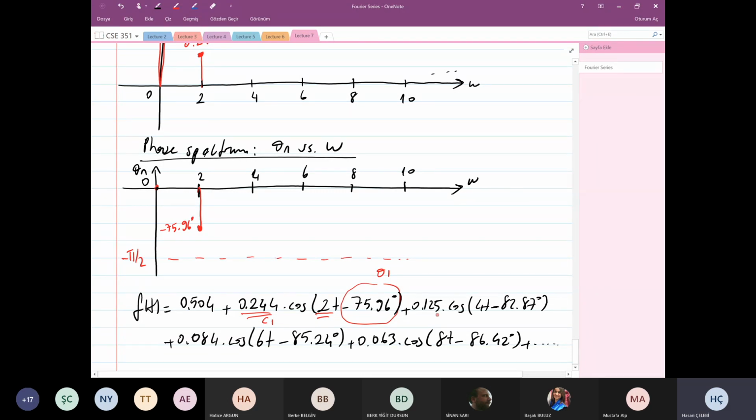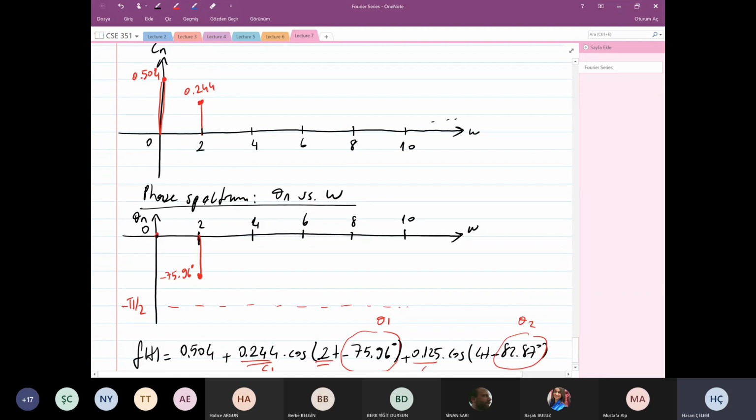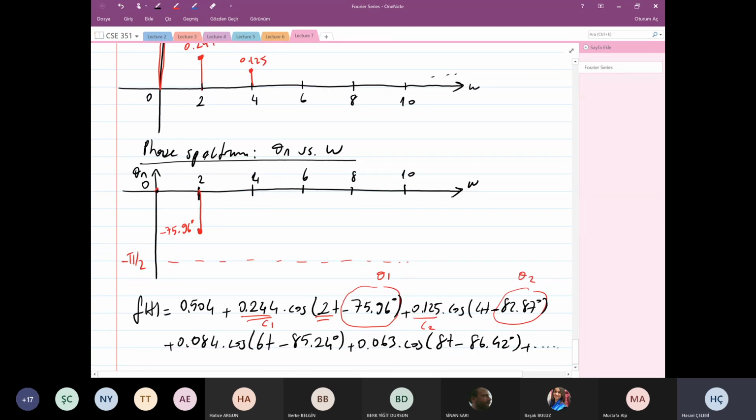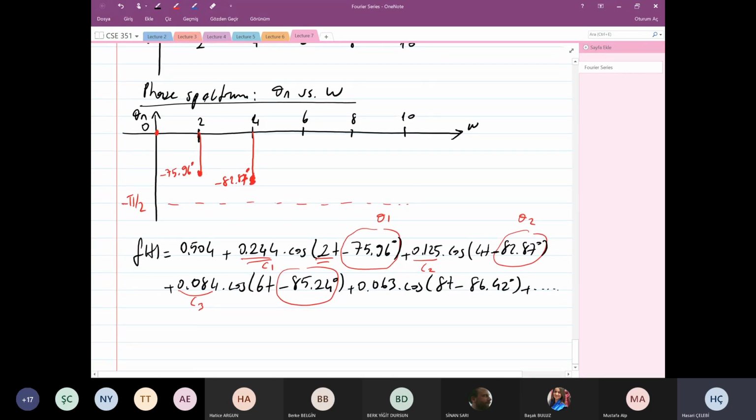And for C2, theta 2 is going to be 0.125, and the corresponding phase is going to be minus 82.87. And then C3, theta 3, C4, theta 4.